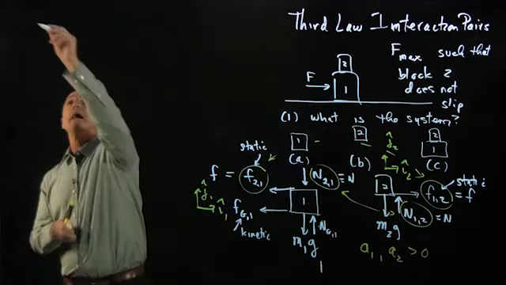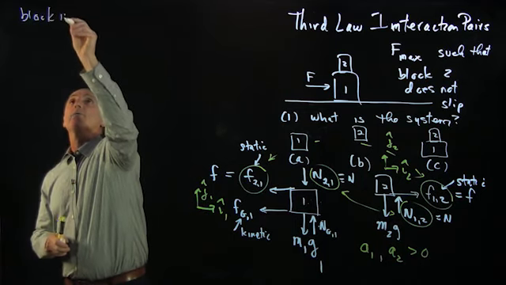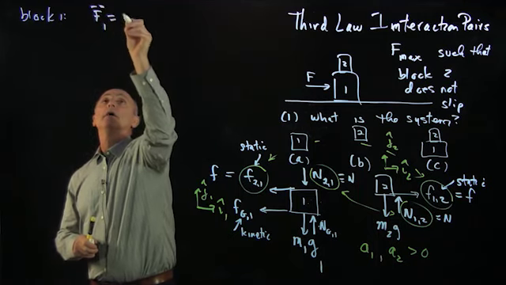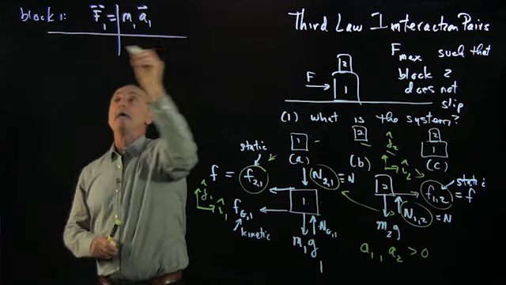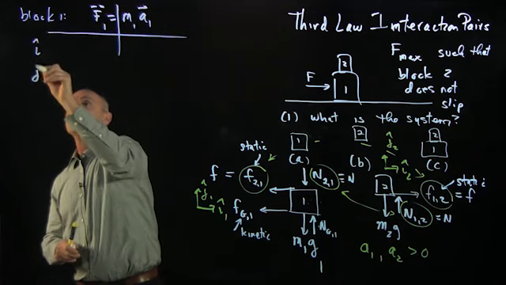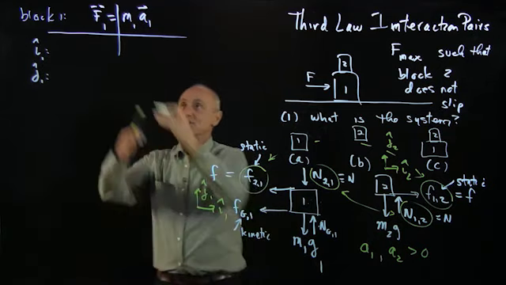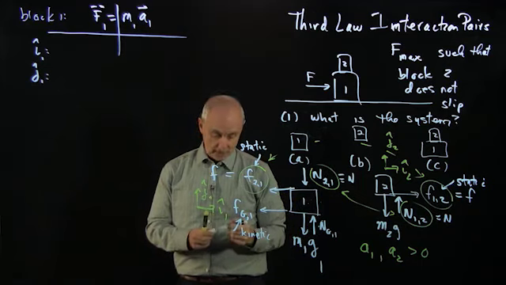And now I can write down on block 1, F1 equals M1 A1. And because we have two different directions, I'll separate out. I like to call this my scorecard. And now I look at the forces.